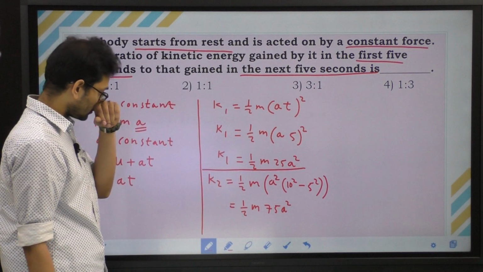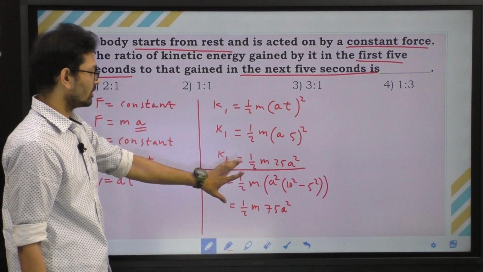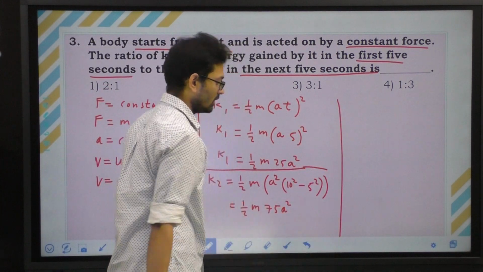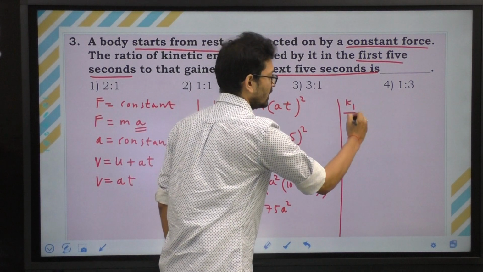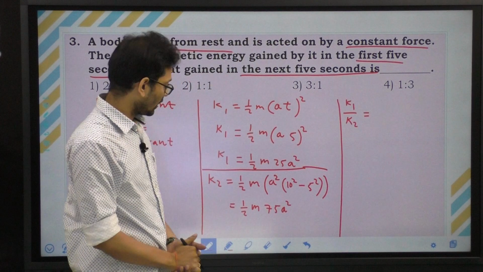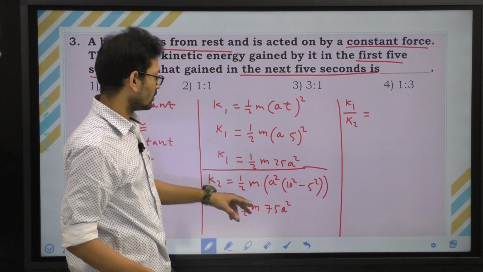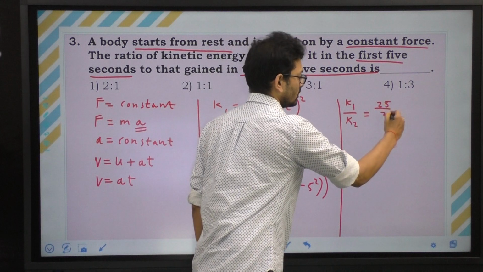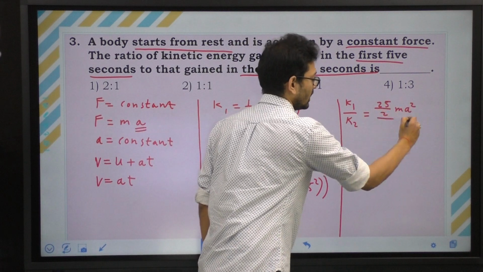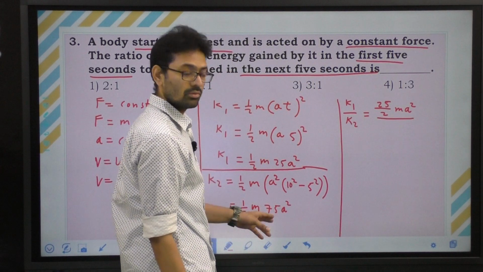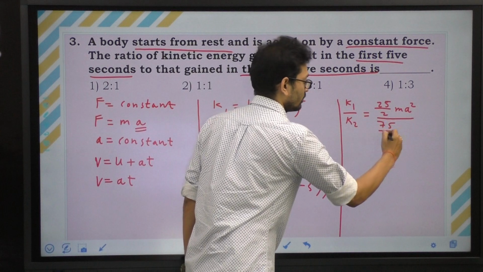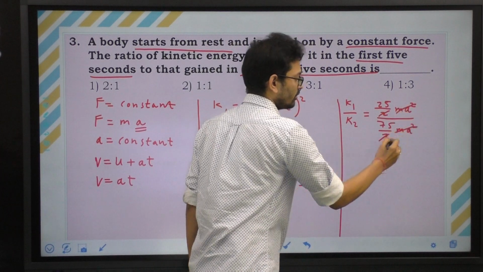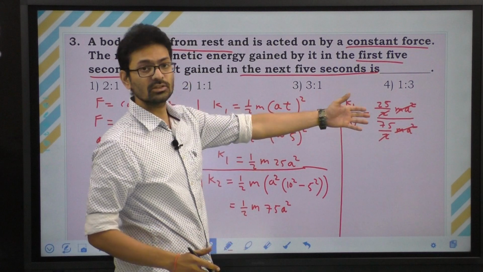If you observe clearly, finding the ratio K1 by K2 is nothing but 25 by 2 m A squared divided by 75 by 2 m A squared. The 2 m A squared gets cancelled because all are constant: A is constant, mass is also constant.